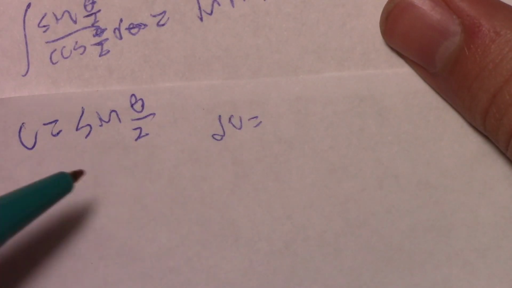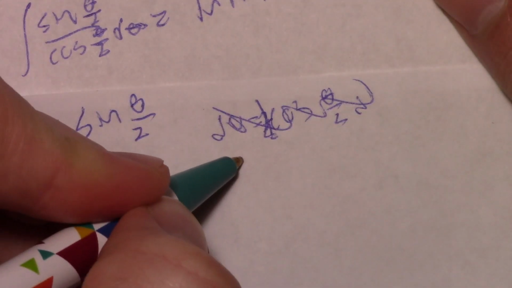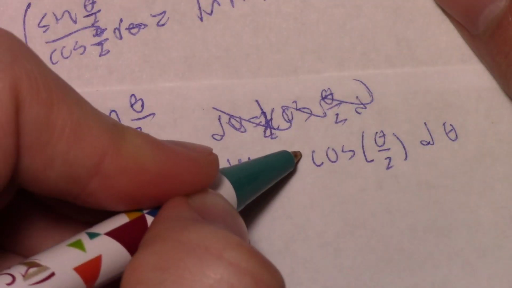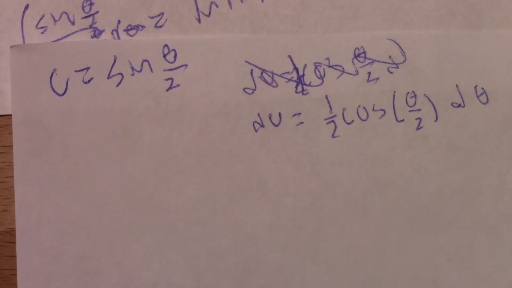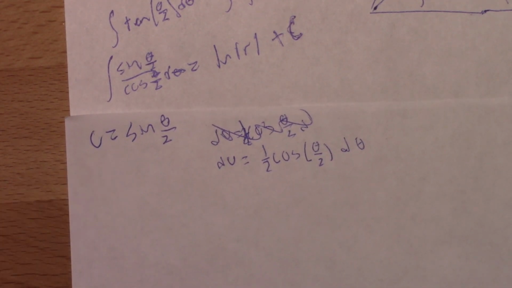u equals sine theta over 2. du equals cosine theta over 2 d theta over 2. Let's give it some space. Where are we?